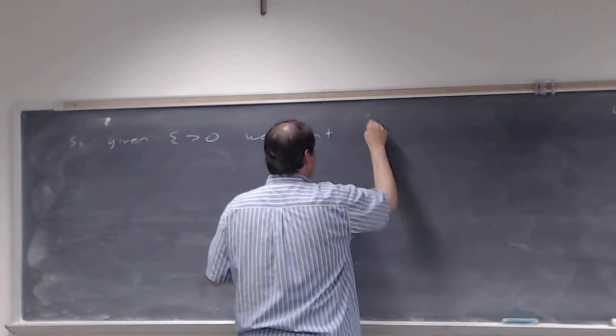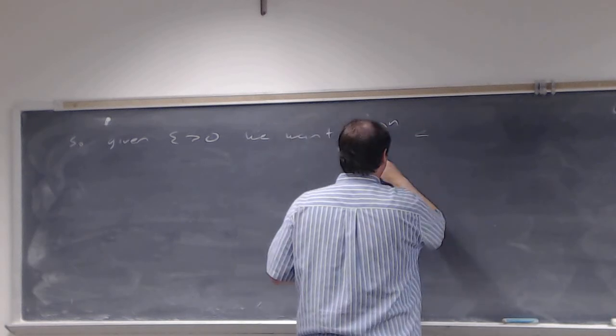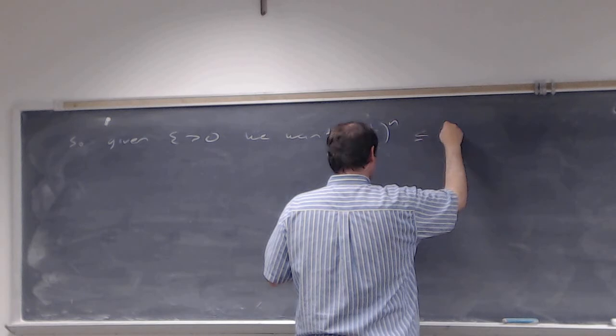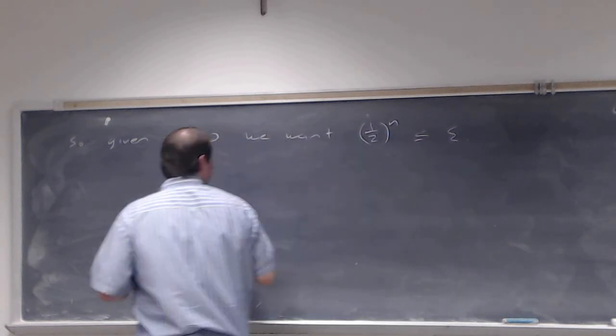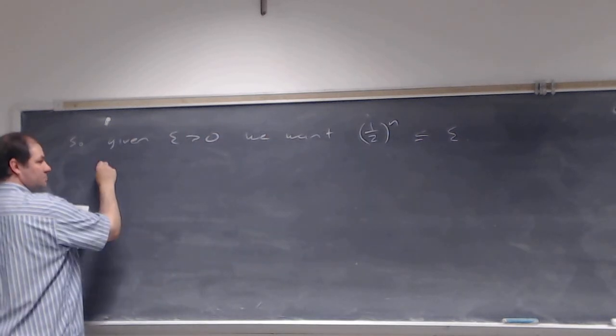We want 1/2 to the n, this would make all the f sub n of x's, to be less than or equal to epsilon. So what n will do that? How far do we have to push along in the sequence to have this happen?